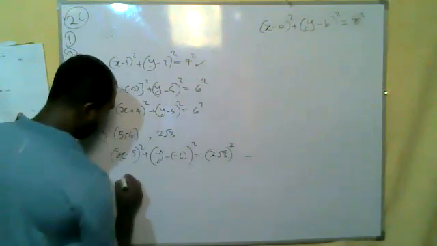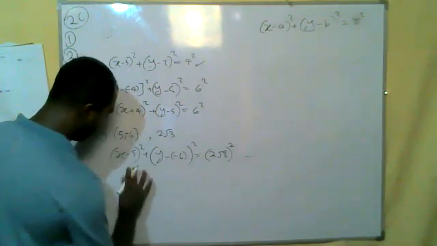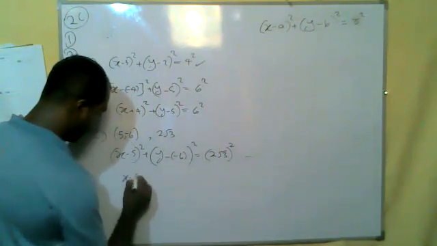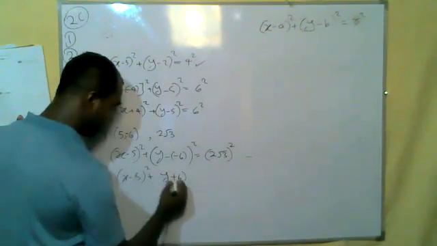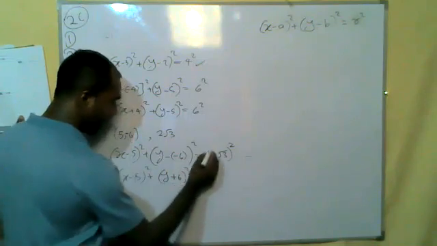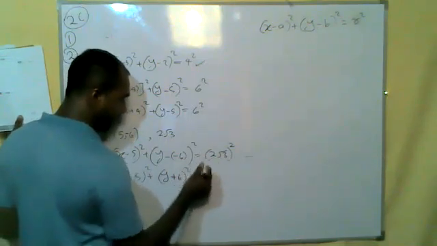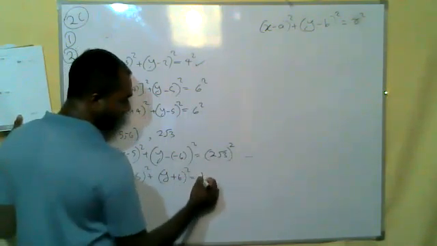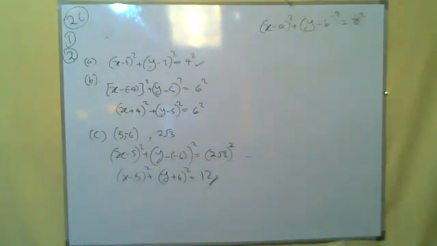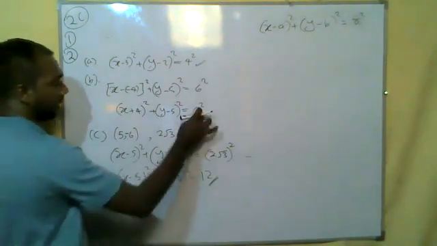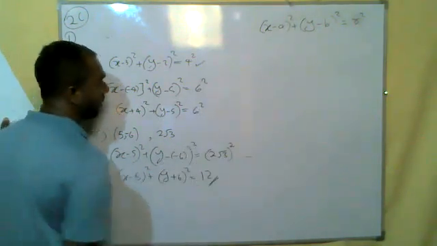Or I can make it a little bit nicer: (x minus 5) to the power 2 plus (y plus 6) to the power 2 equals, if you square this side, 4 times 3, which is equal to 12. You don't always have to keep it as a power 2, you can solve it and keep it.